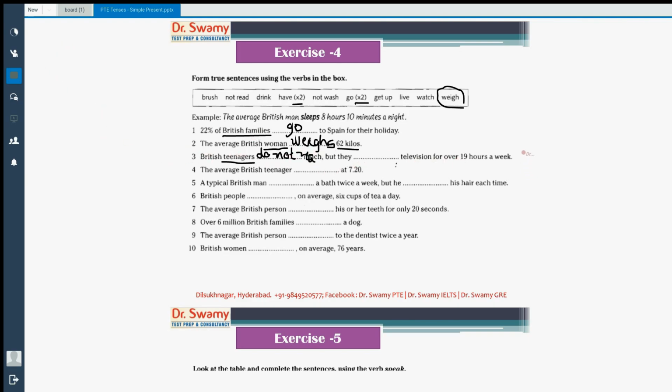So I might write the answer here. Do not read. So that is read. Okay, I think you can get it. So do not read much, but they.